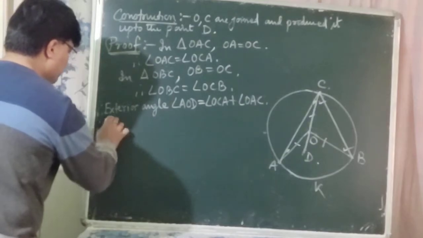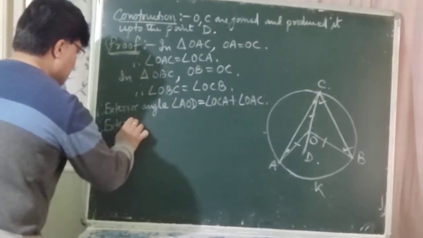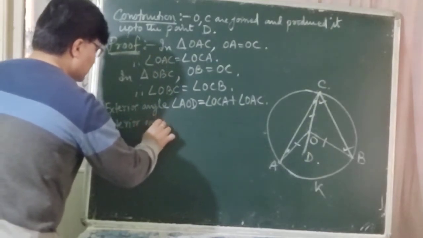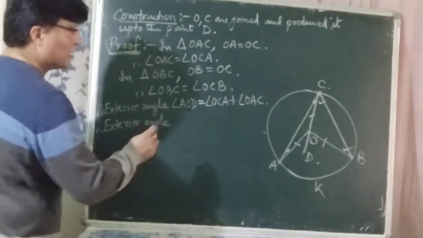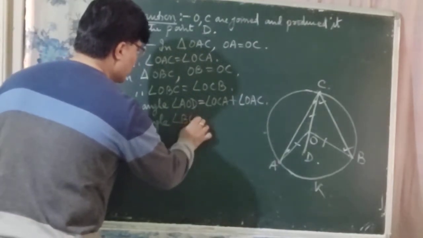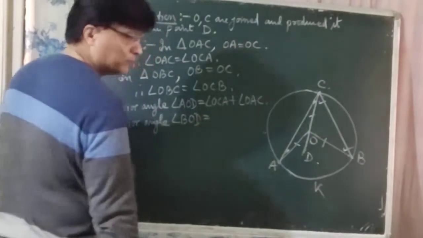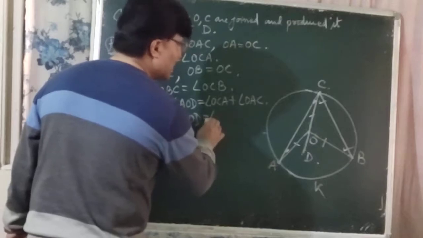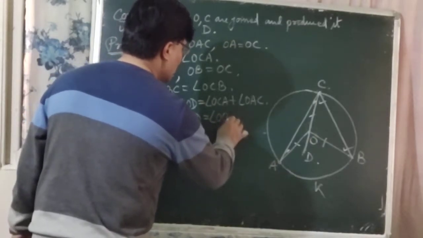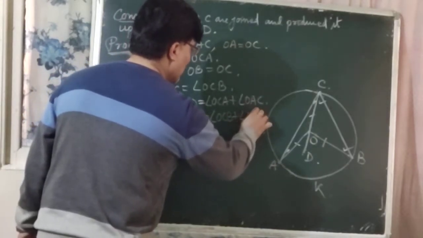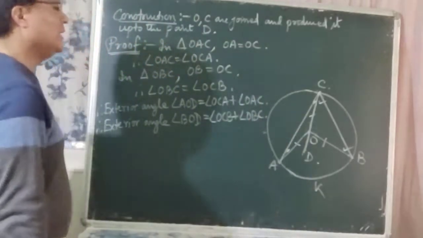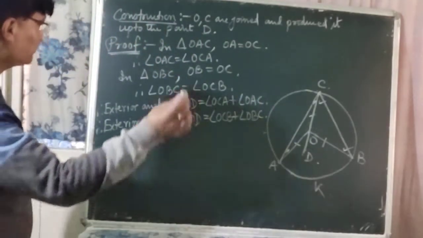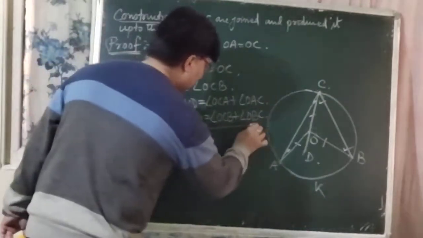So again, exterior angle BOD is equal to what can you write? Angle OCB plus angle OBC. Is that clear? Now let us add them.